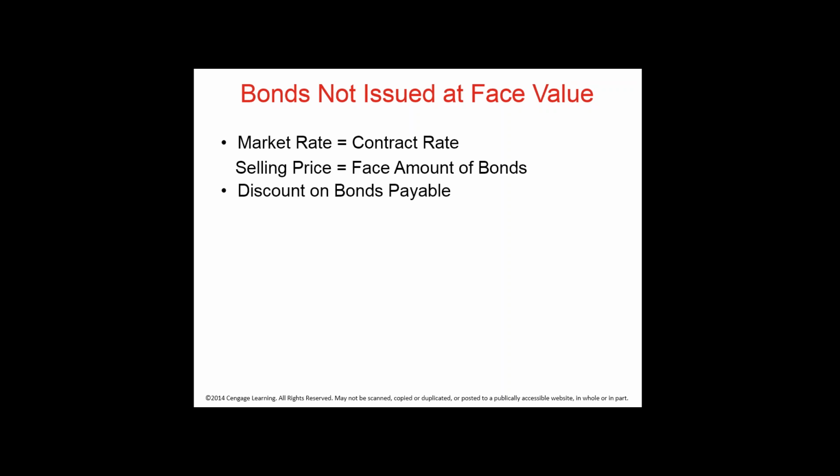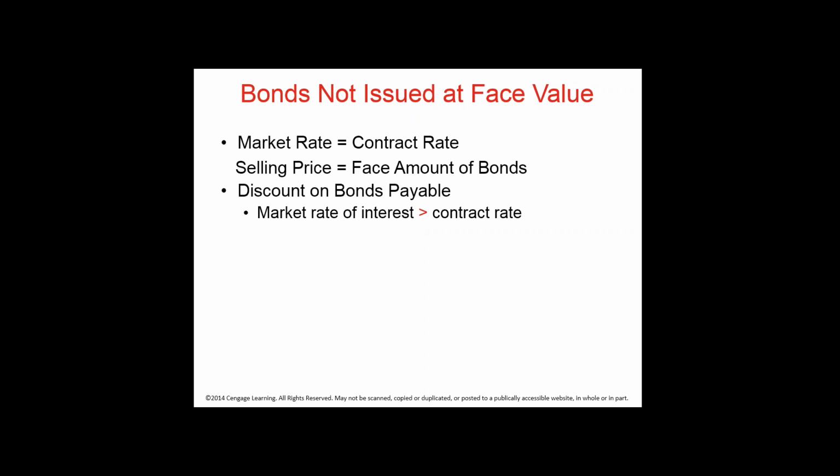The contract rate. The selling price is the face amount of the bonds. But sometimes you can't get the full amount of the bond. Remember a few slides earlier, it said the most common denomination of a bond is $1,000.